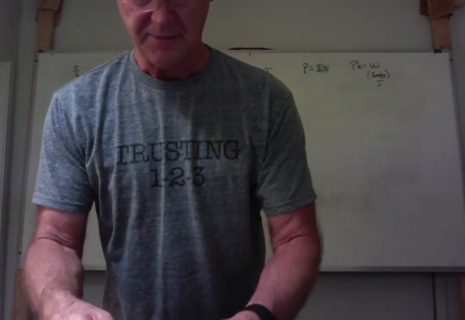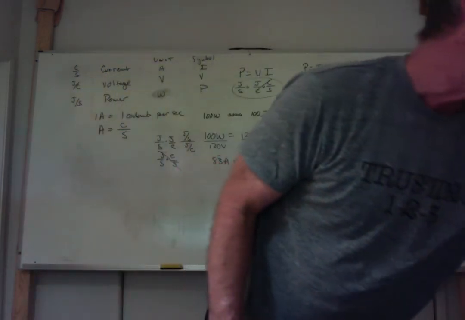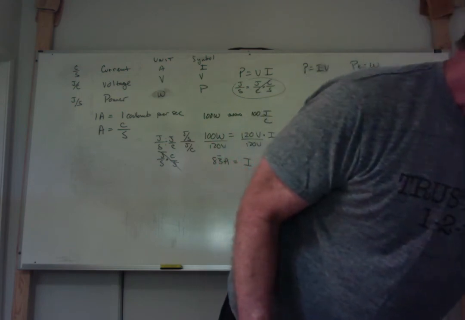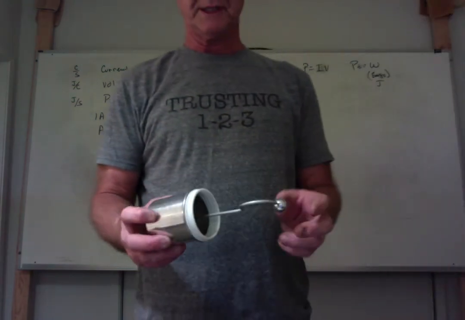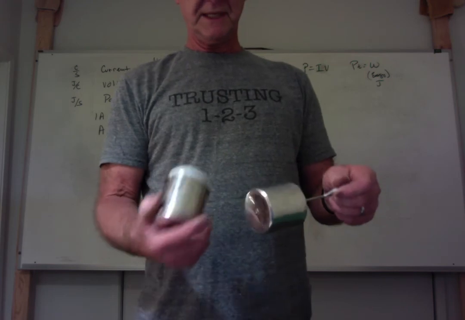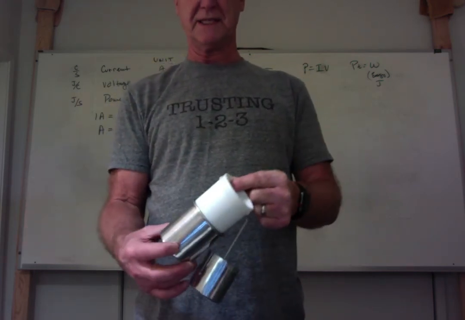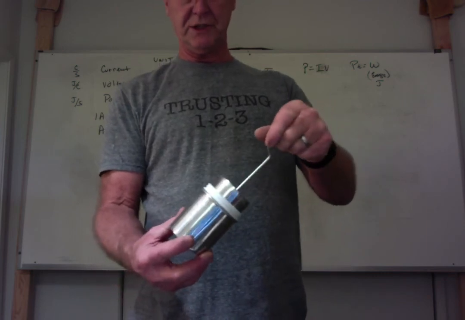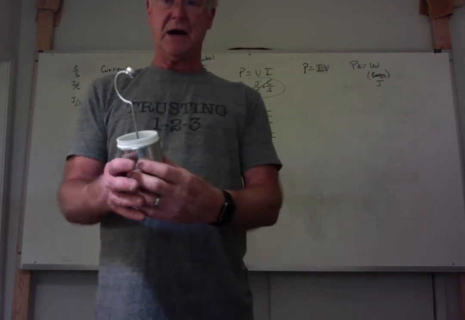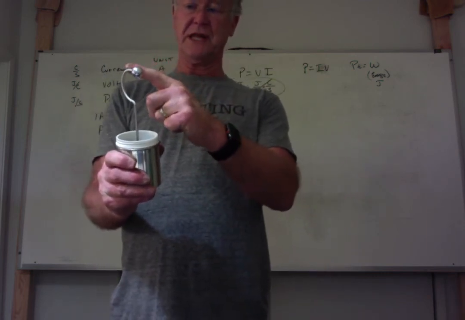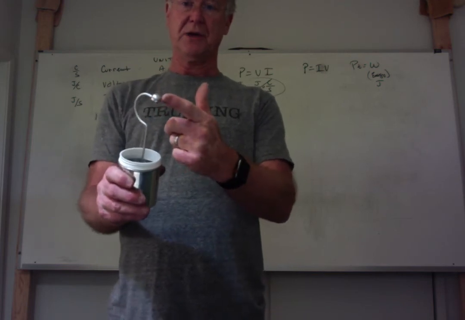Let me quickly, before I finish, show you a battery. This, by the way, is called my Leyden jar. This is a capacitor. This is metal, and in between is a plastic container. If I put these together and I hold on to this and I charge this one, I somehow put electrons on here.